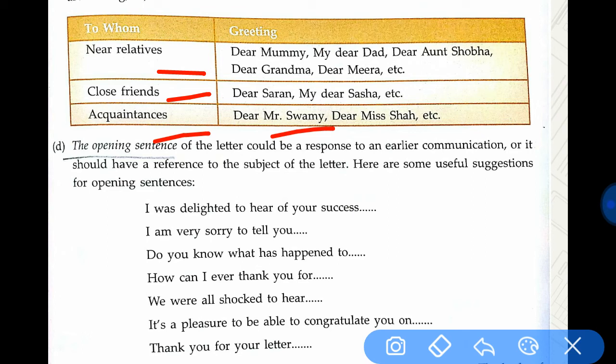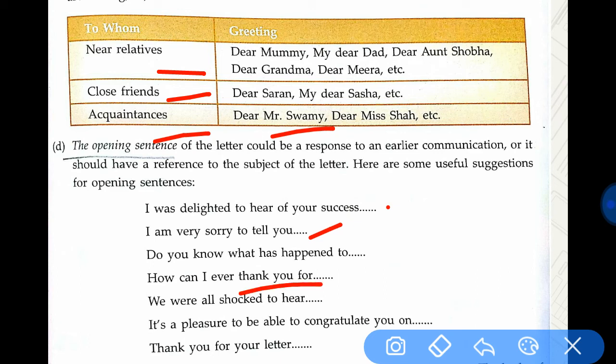So here are a number of examples given here. The first one, I was delighted to hear of your success. That means you are writing a congratulating letter. The next one, I am very sorry to tell you, is an apologizing letter or a condolence letter. It could be any of that. Then next one, do you know what has happened? That means you are informing something about some incident, some accidents, and so on. How can I ever thank you?